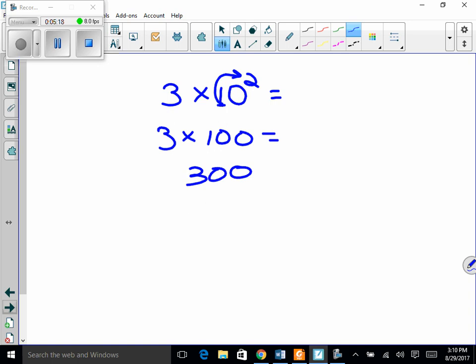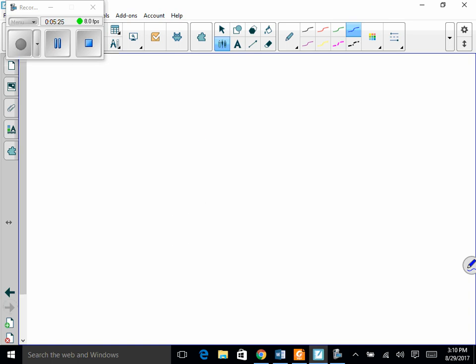So not very difficult, has a couple little tricks to it, but we'll give a couple more examples and see what you think about it. So another one, let's say we have 5 times 10 to the 6. And that's how they write it sometimes, so they don't have to write really long distances in space or something like that. So, of course, the 5 drops down. Now we have to find out what 10 to the 6 is.